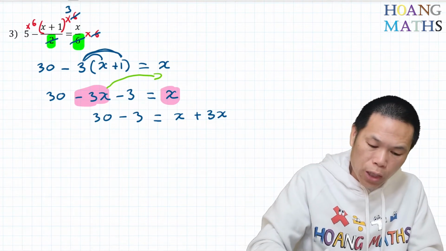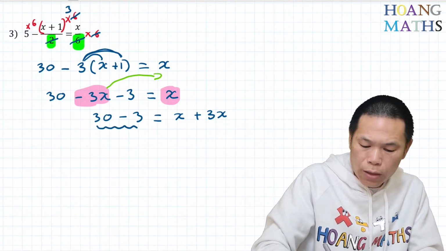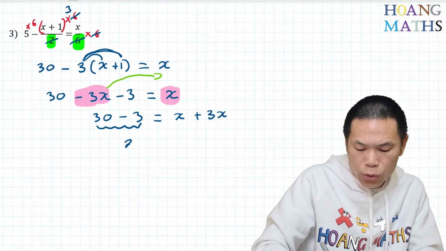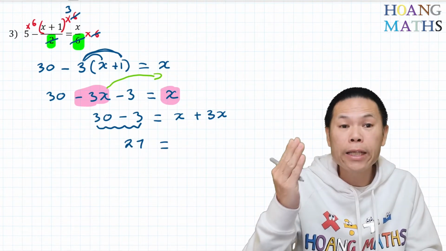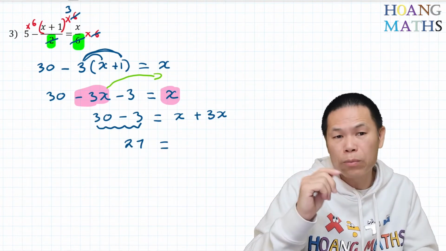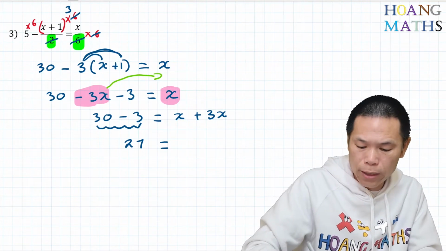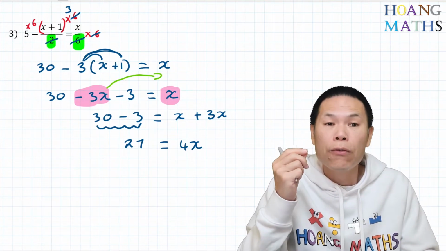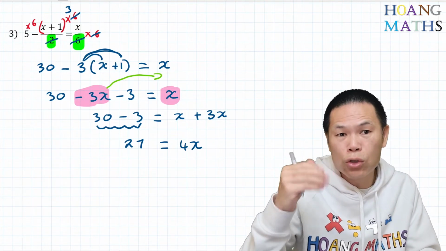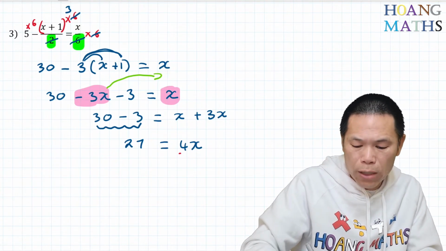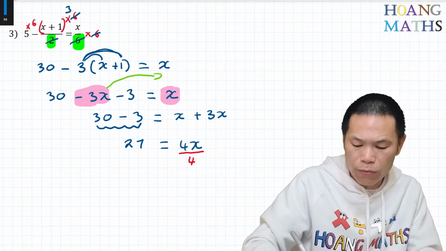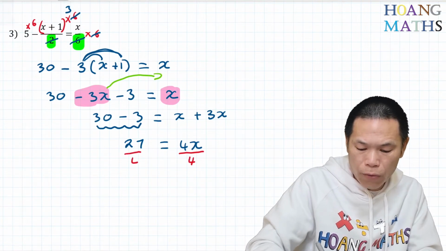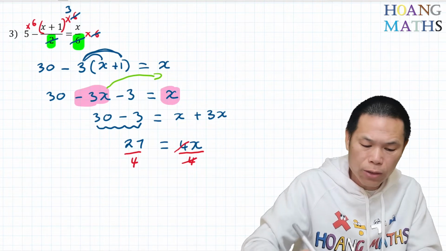So now we just collect like terms. This 30 minus 3 is 27, and x plus 3x, so 1x plus 3x is 4x. So we're left with 4x. What I do, I get rid of the 4 because it's 4 times x. We solve for x, so we get rid of this 4 by doing the opposite. So we divide by 4 on this side, so that cancels out.